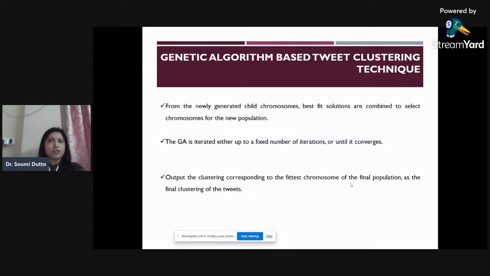That totally depends on how you design your program. After that you can go for mutation. Sometimes mutation is not mandatory, so if you want, you can skip it and come directly to the new solution. In this way you get more solutions, and you can calculate the fitness function again.